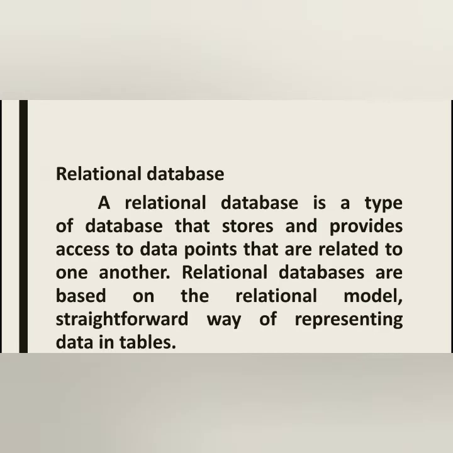Second type is relational database. A relational database is a type of database that stores and provides access to data points that are related to one another. Relational databases are based on the relational model, a straightforward way of representing data in tables.